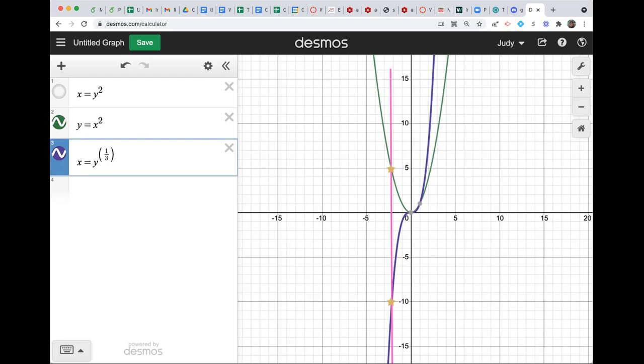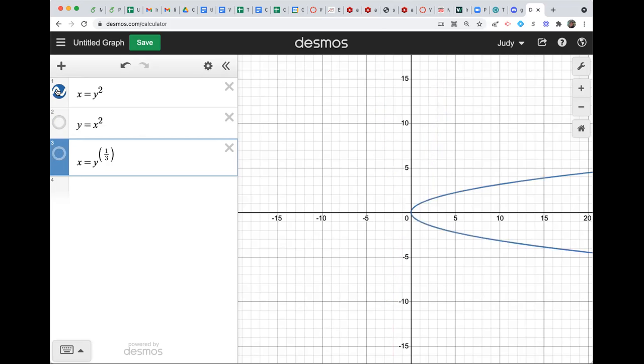However, if I clear this out, and I go back to the first one we graphed, this is a relation because anything I graph is a relation. However, I don't know that x equals y squared wants to be exclusive, which is fine. Some people don't want to be. Whoa, I thought that was going to draw the line for me.